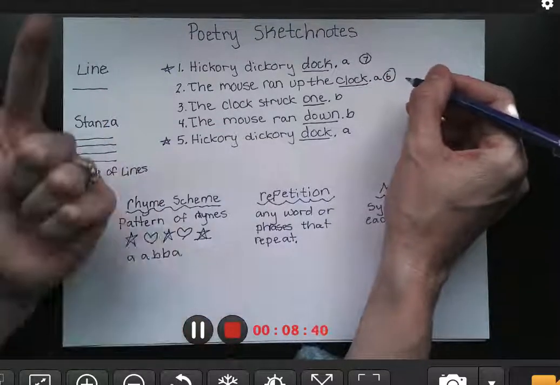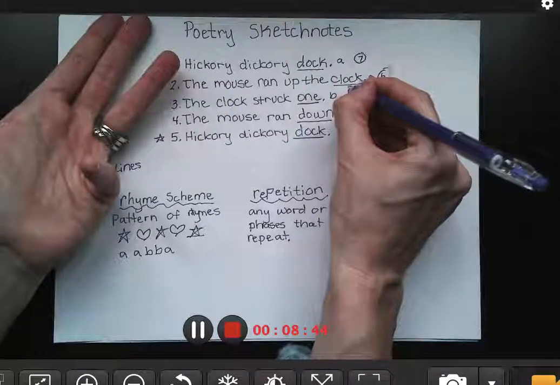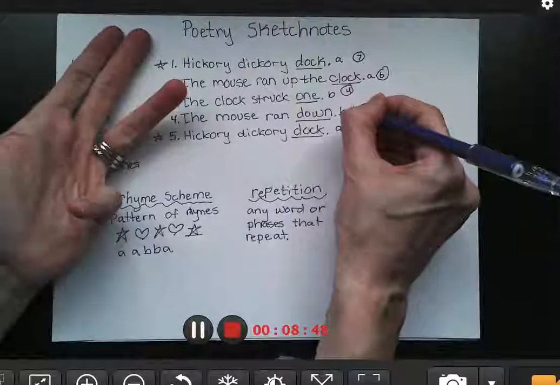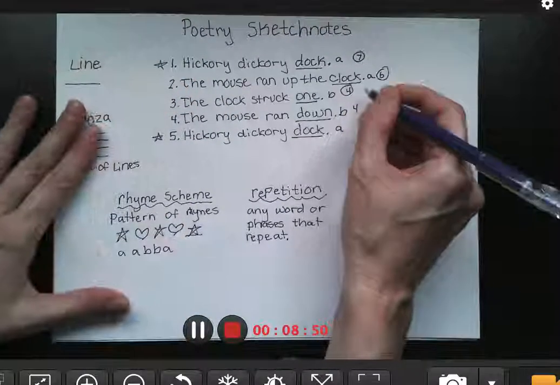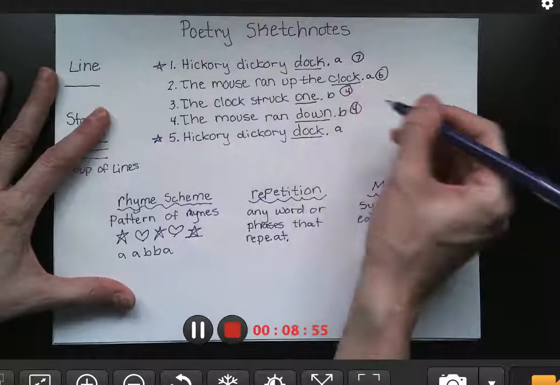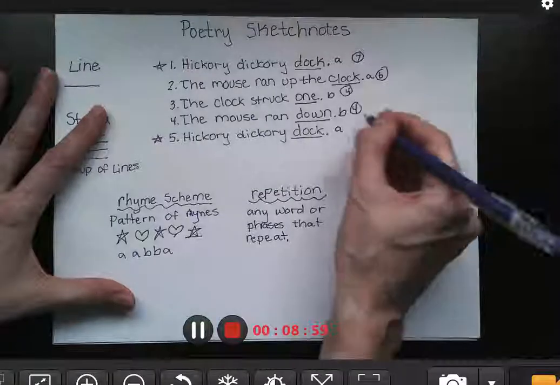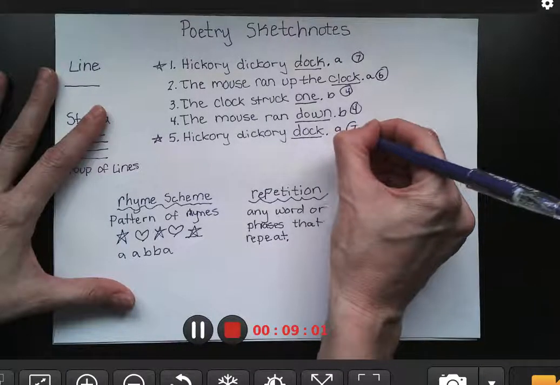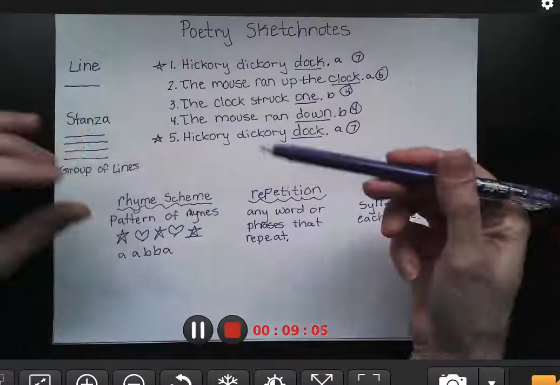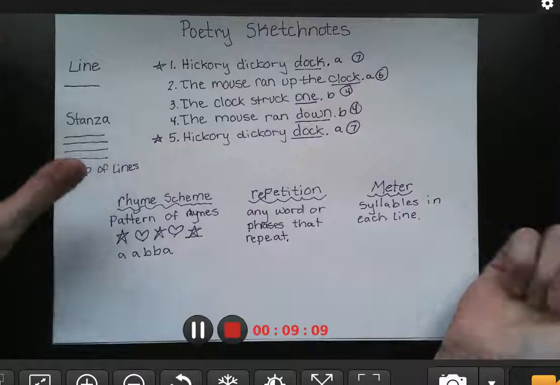The clock struck 1, that's 4. The mouse ran down, that's 4. So notice the lines that rhyme have nearly the same amount of syllables. Hickory, dickory, dock, which is 7 again. And this is because the meter in this limerick sounds very similar to a song.